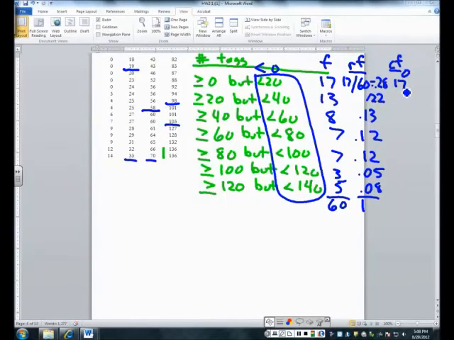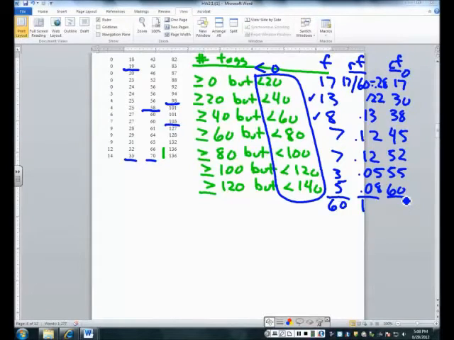Then less than 40, those 17 and another 13 make 30. Those 30 plus another 8, we've got 38. Plus another 7 is 45. Then another 7, that's 52. Then 3, that's 55. And then 60. And of course, you should end up with 60, the total number of values in the data set.